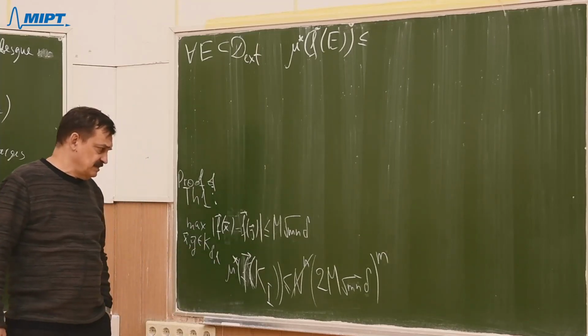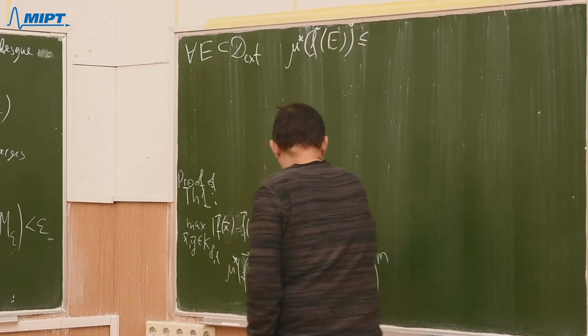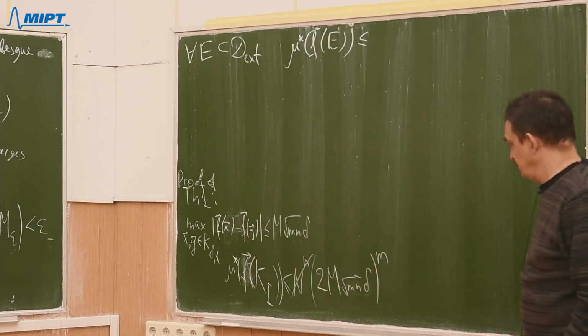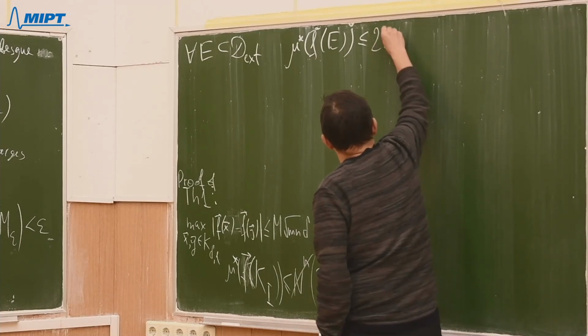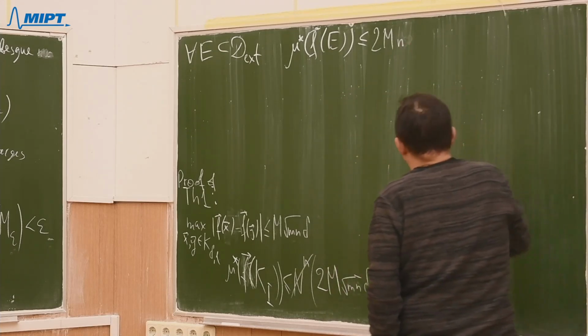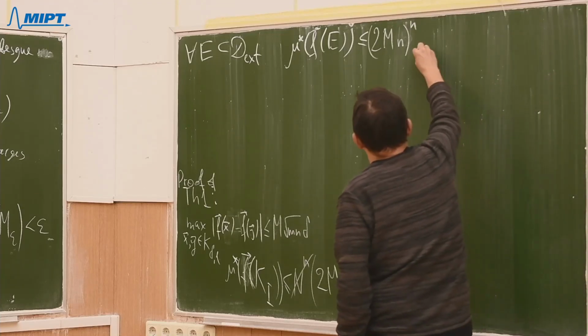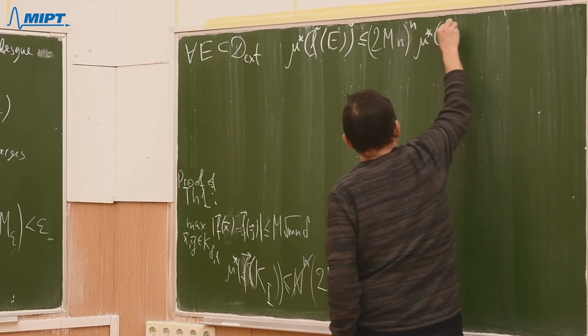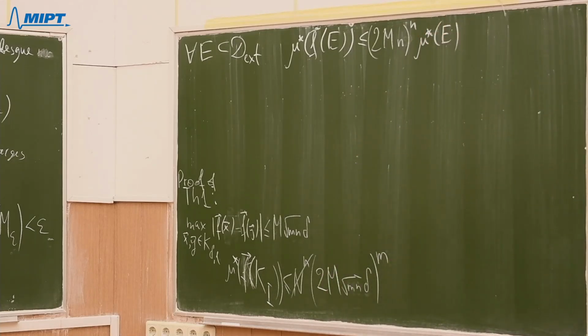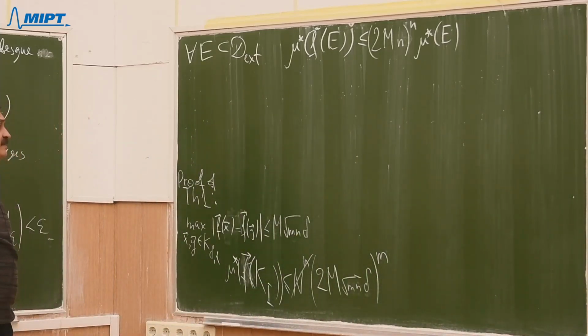So I can estimate analogously. Now m equals n, and it gives 2M n to the power n times the outer measure of E. So instead of a cube, now we consider an arbitrary set, and we estimate the distance between arbitrary points of this set.